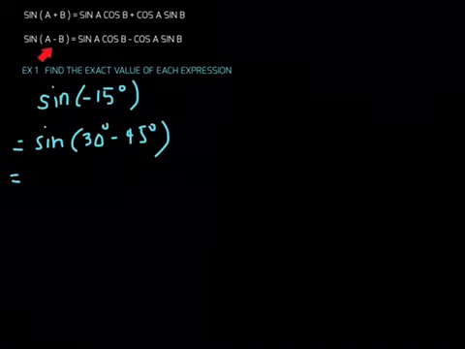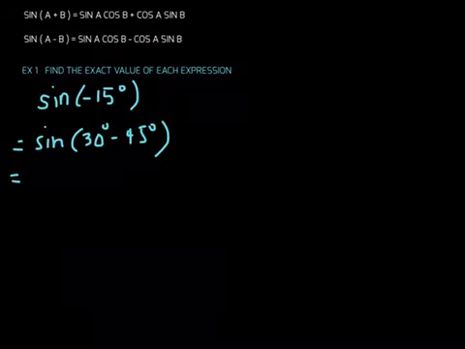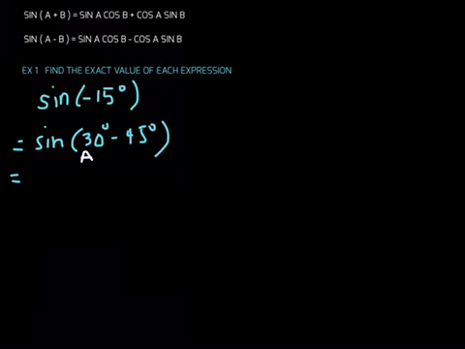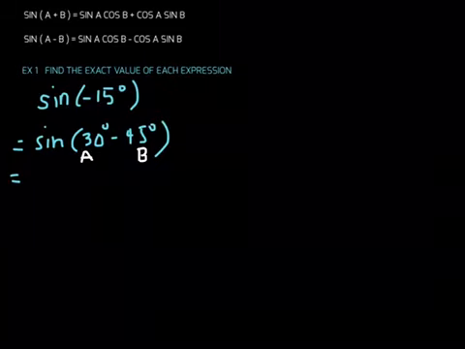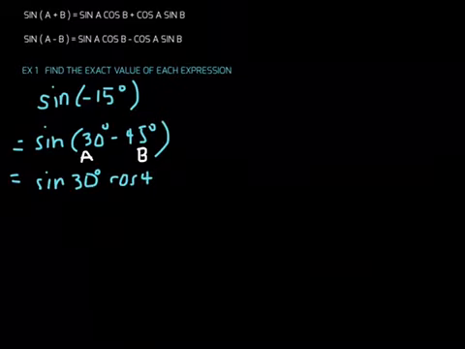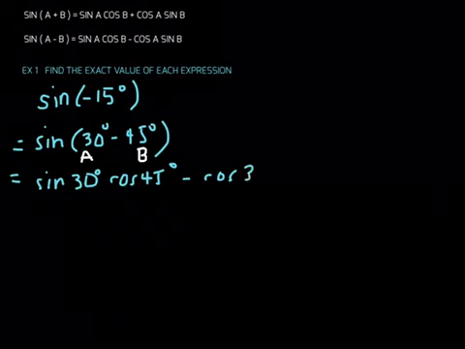Sine of A minus B is equal to sine of A cosine B minus cosine of A sine of B. And of course, I'm referring to 30 degrees as A and 45 degrees as B. All right, everybody? So then when I apply the identity, I get sine of 30 degrees cosine of 45 degrees minus cosine of 30 degrees sine of 45 degrees.